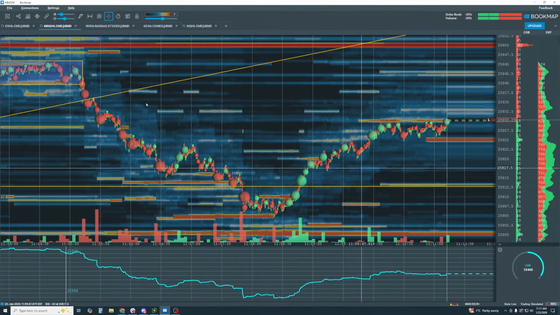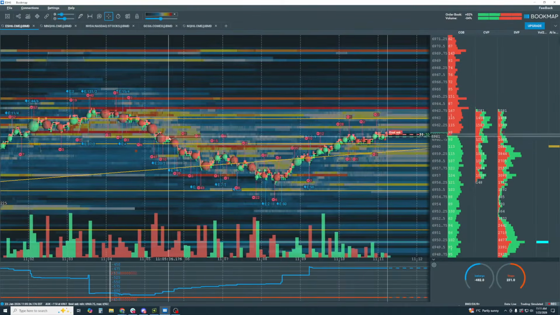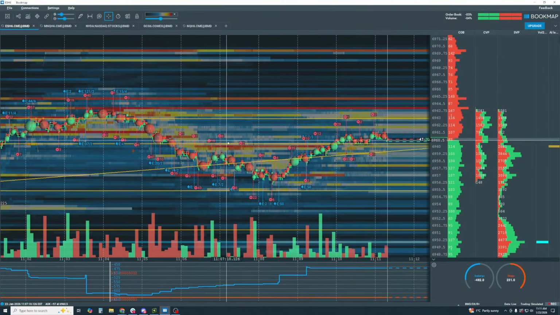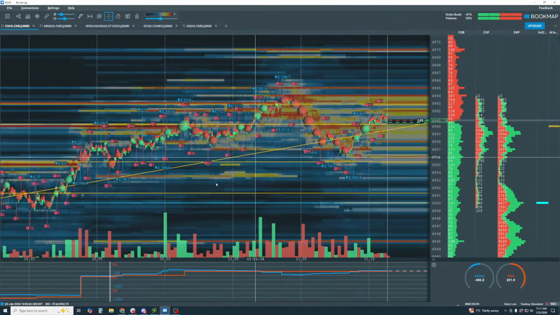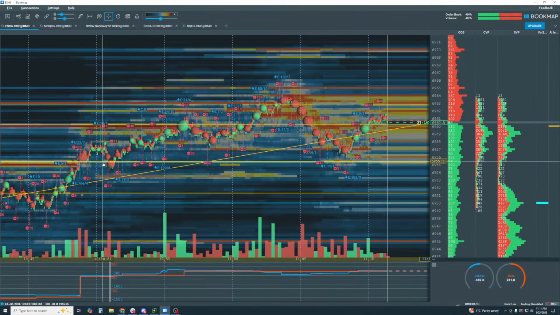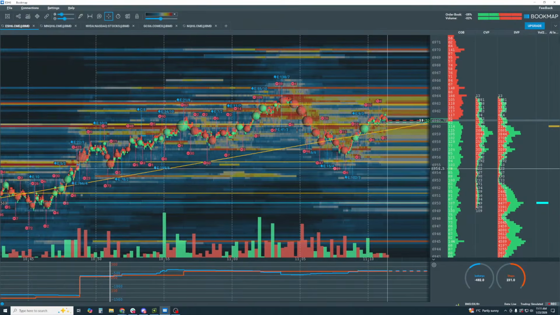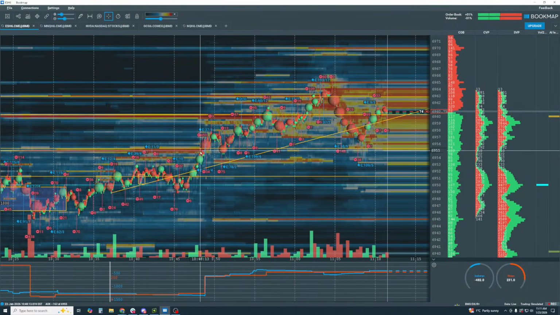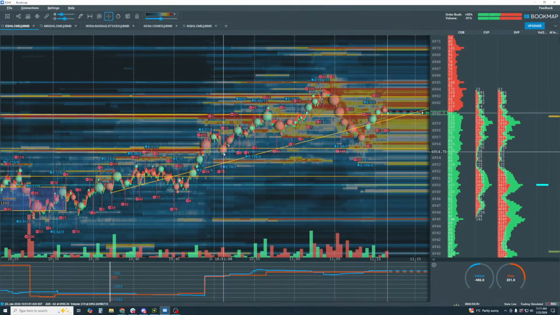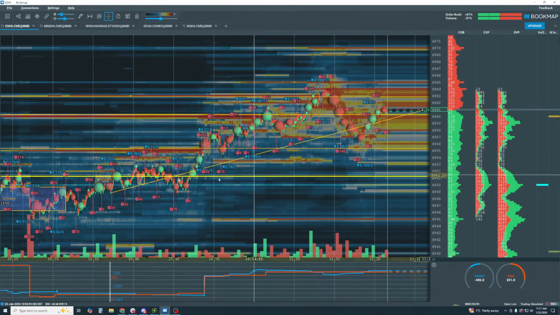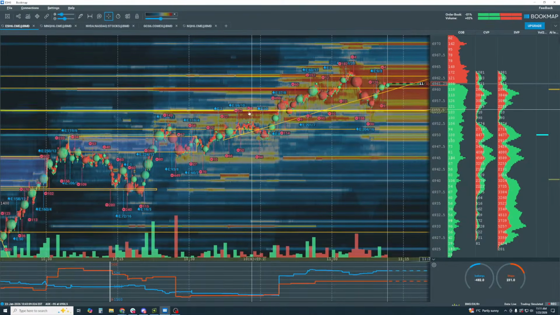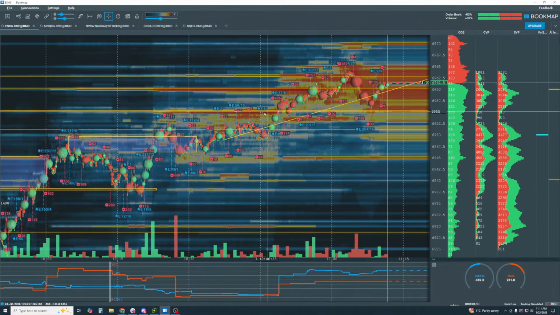Okay, let's take a look at that 69.54. Yeah, this kind of area in here. Yeah, absolutely. Yeah, this was that breakout here. Here's our retest here, and then the continuation. So we know that we're gonna have a low volume node in here, right?